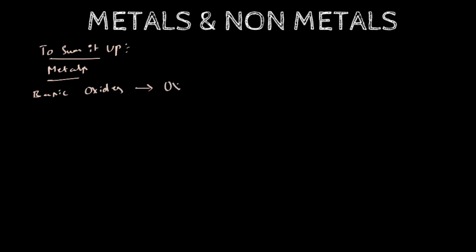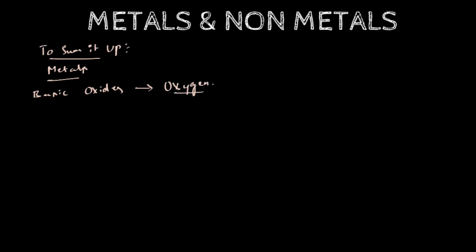To sum it up, we can say that metals react with oxygen to form basic oxides. How are we going to know that? Simple thing, when metals react with oxygen, they form a solution.